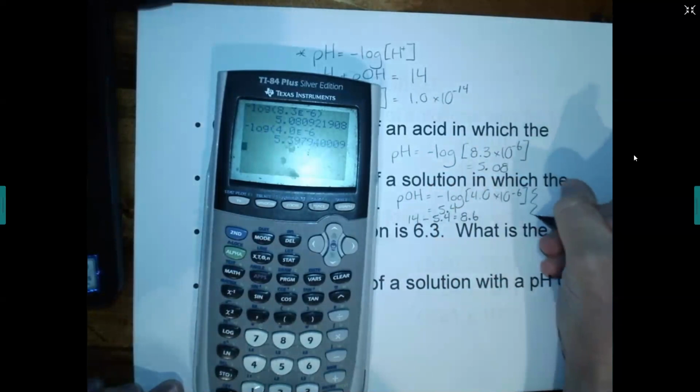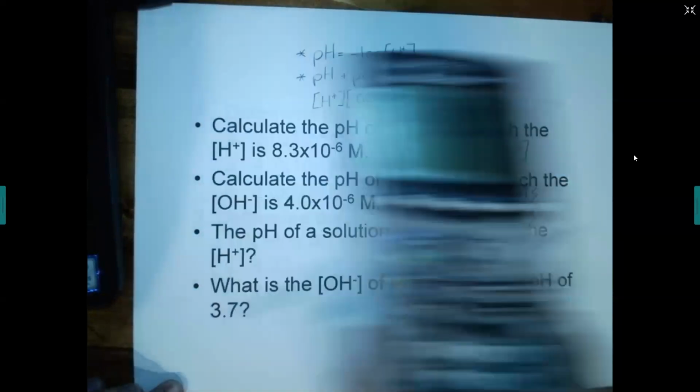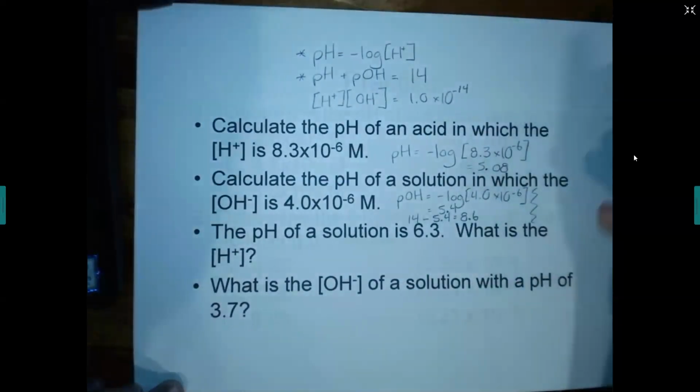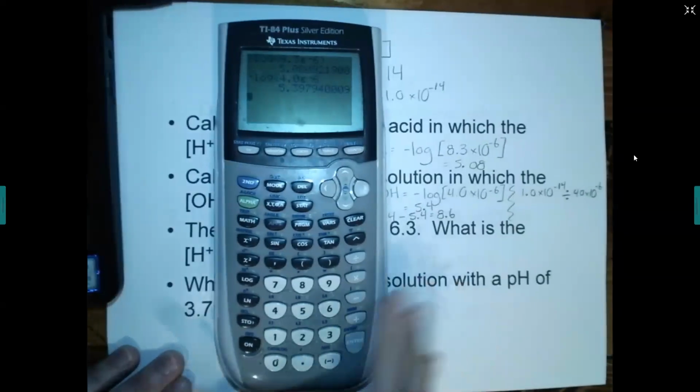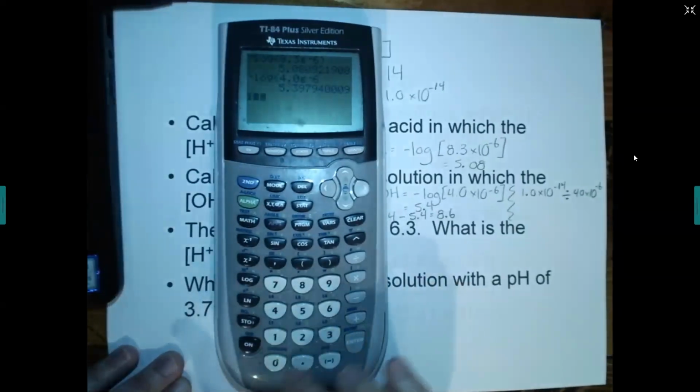Now, like I said, I'm going to show you the other way you can do it. You can also take 1.0 times 10 to the negative 14 divided by 4.0 times 10 to the negative 6. Let's see what you get when you do that.